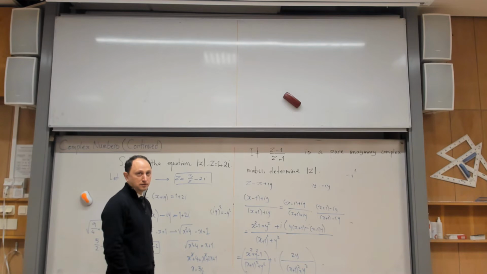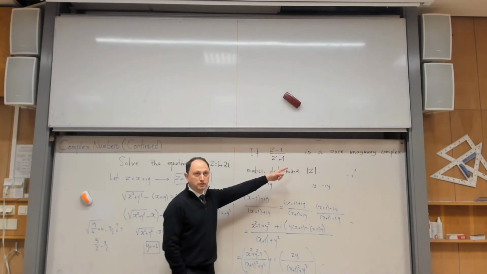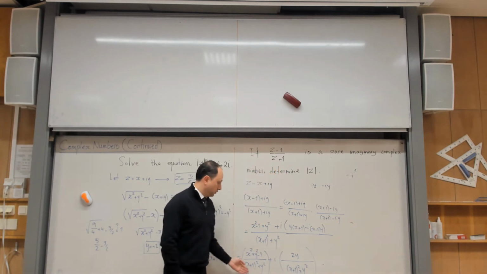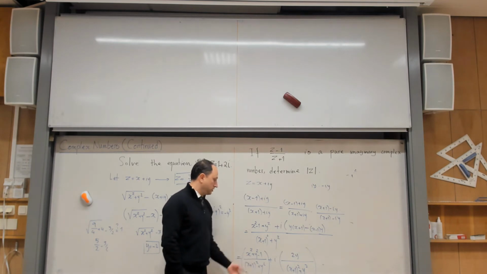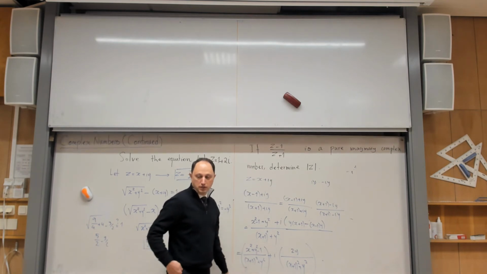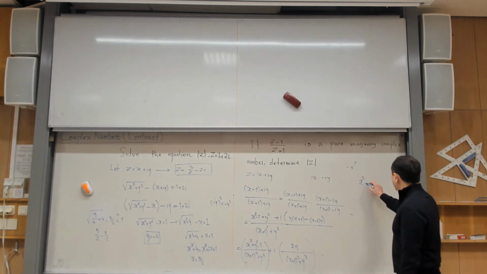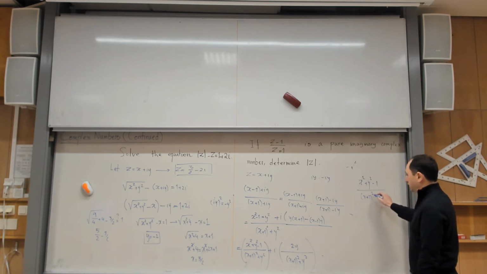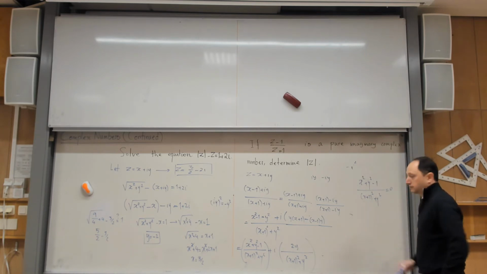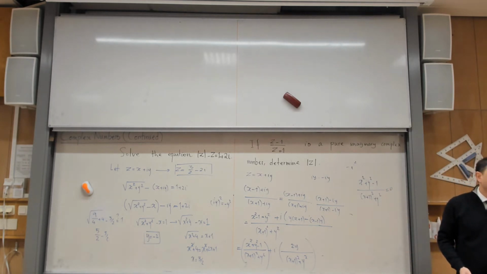Yes? Shouldn't the first one be equal to 0? Okay. Yes? Because this is telling you that it's pure imaginary. So it means that this complex number, which is this one, should be pure imaginary. It becomes pure imaginary if the real part is 0. So the real part becomes 0, means that x squared plus y squared minus 1 divided by (x plus 1) squared plus y squared is 0. But the fraction is 0 if and only if what happens?